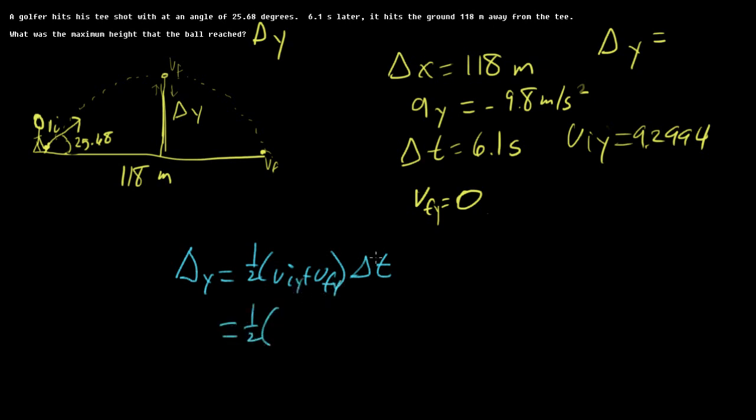So 1/2 times 9.2994 times 6.1 equals 28.363. Let's go check it.